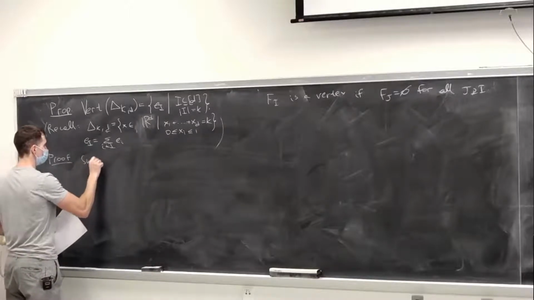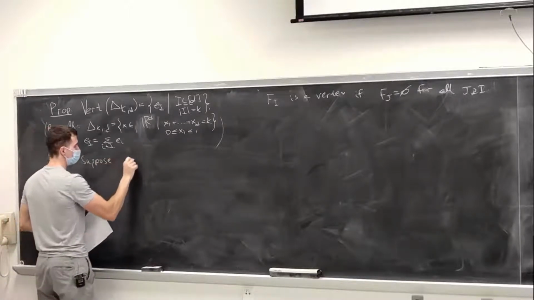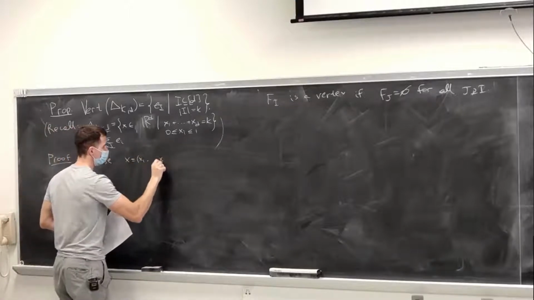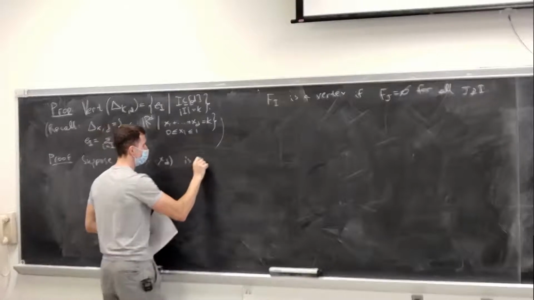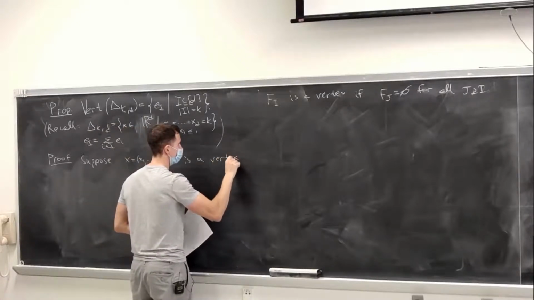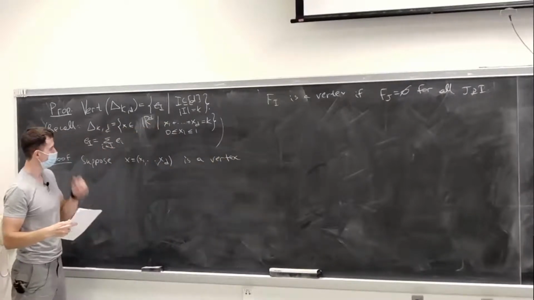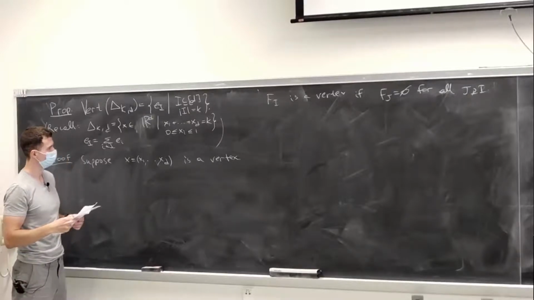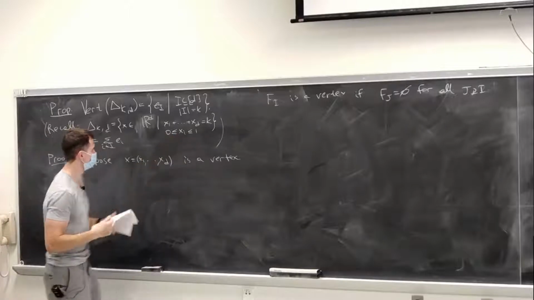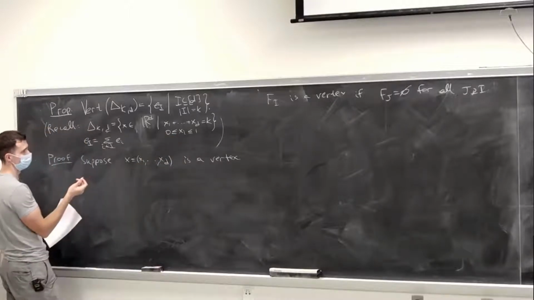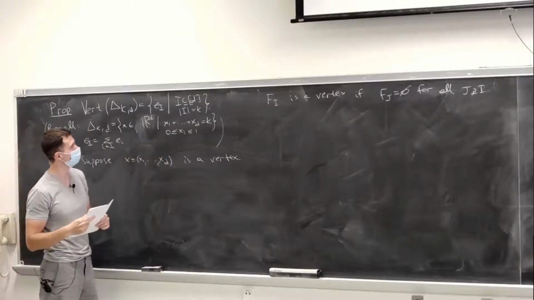Suppose x is a vertex of the hypersimplex. Then I have these inequalities, so some x_i's are going to be equal to 0, and some x_i's are going to be equal to 1.